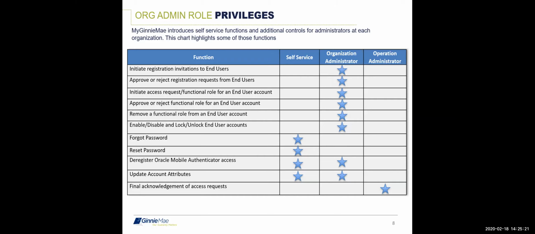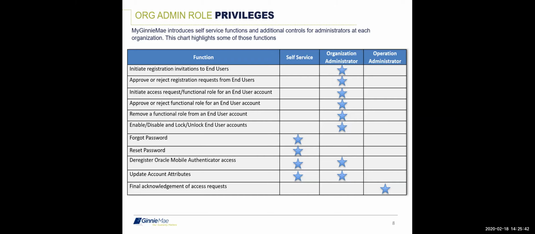But you, the organization administrator, would actually have to do so and then contact the Bank of New York Mellon to inform them that that has been completed. But other than that, the account attributes may be managed by the end user, except for that RSA token.